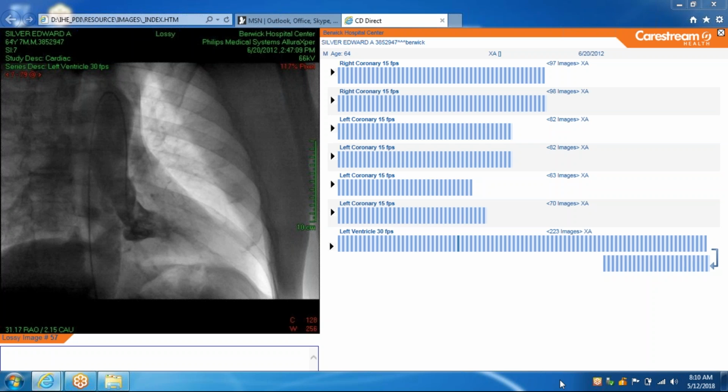Essentially, you're going to cannulate the blood vessels around the heart, and you're going to look at the blood vessels around the heart. That is the basic approach.